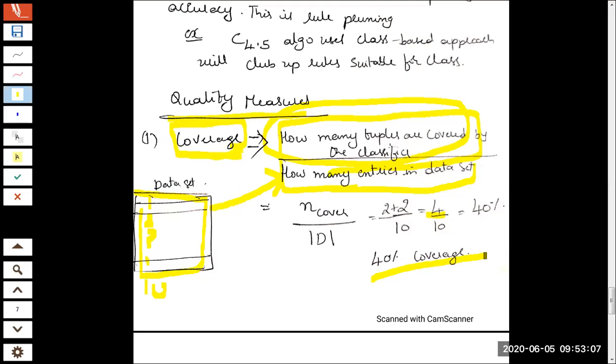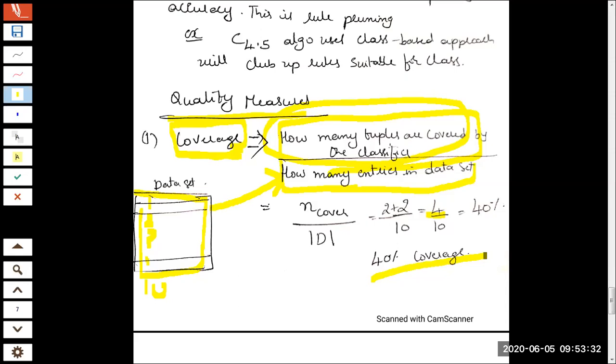What does it mean? It means your classifier is 40% accurate. That's it. And it's not acceptable. Once again, you can carry this to your project also. You're building a classifier, you're using some cluster based mechanism. The outcome that you should get should be of a convincing coverage, meaning that it should be more than some 80%, 90%.